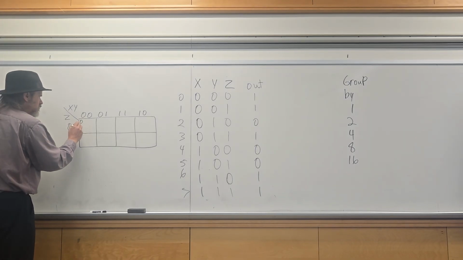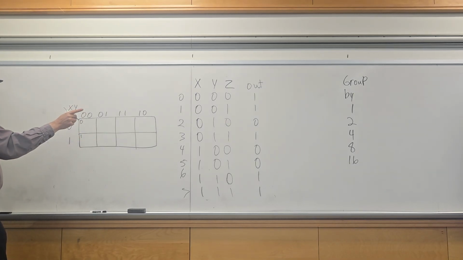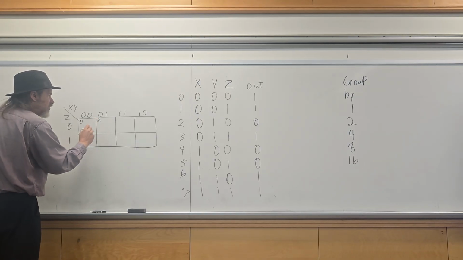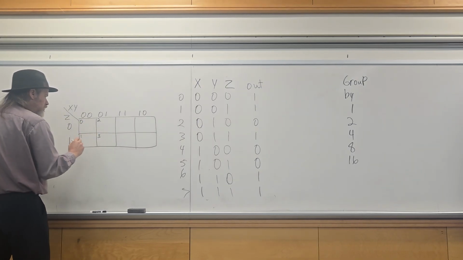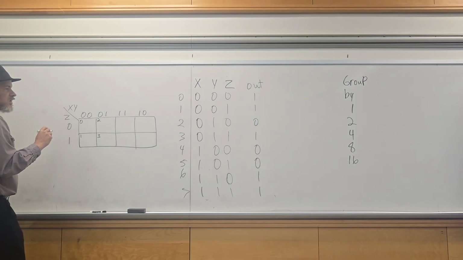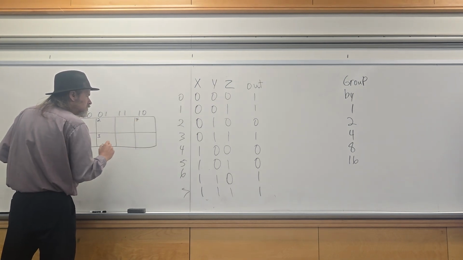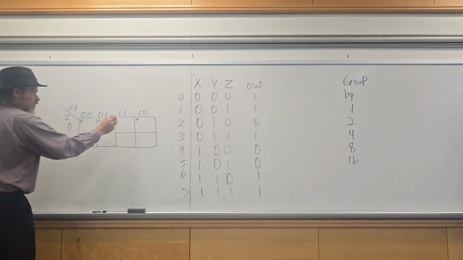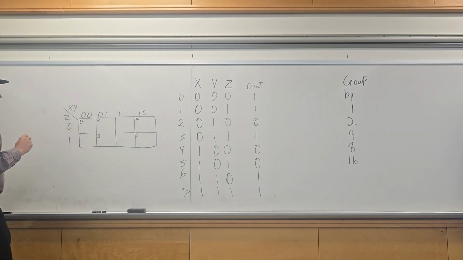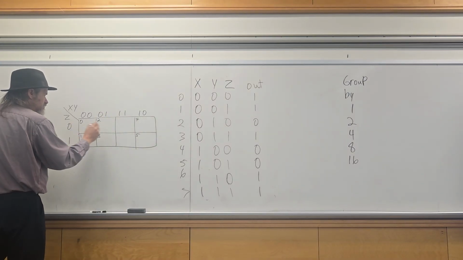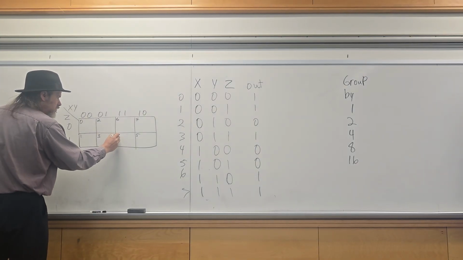So this would be 0, 0, 0 is 0; 0, 0, 1 is 1; 0, 1, 0 is 2; 0, 1, 1 is 3; 1, 0, 0 is 4; 1, 0, 1 is 5; 1, 1, 0 is 6; and then 7 would be 1, 1, 1 here.